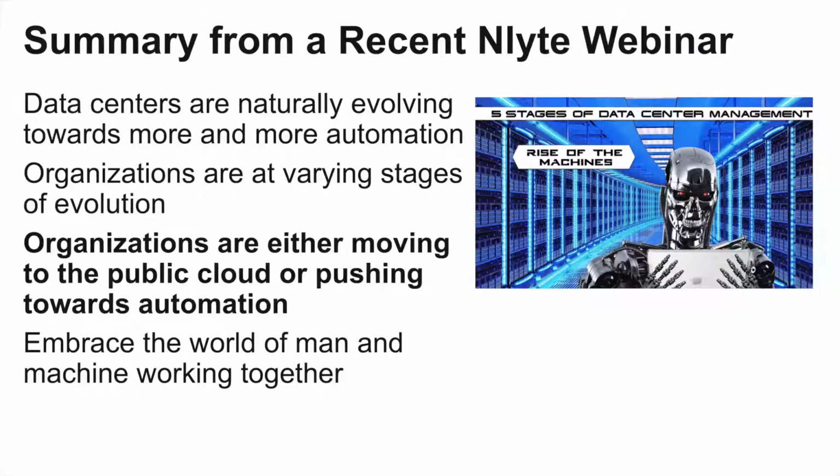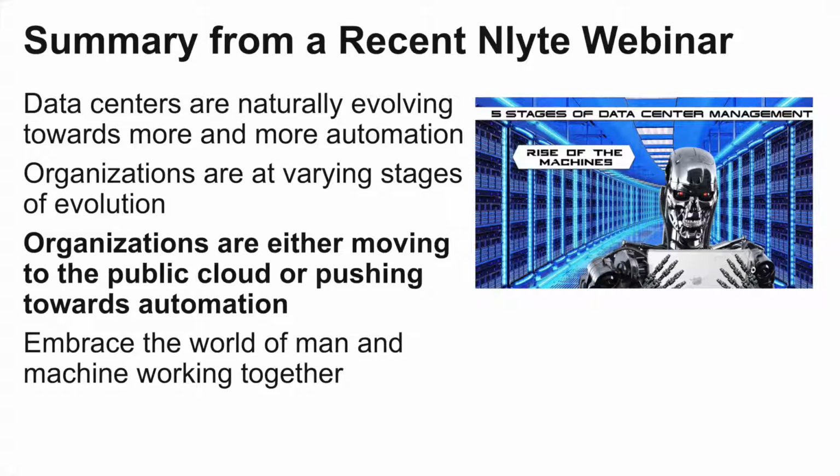Recently we had an Enlight webinar where we talked about the 5 stages of data center management. We went through the varying stages, and we talked about the 4th stage, which is where organizations were either moving to the public cloud or really pushing towards automation. It really boils down to you either need to automate and create a very efficient data center yourself, or you should just give it to someone else, in the case of a public cloud.